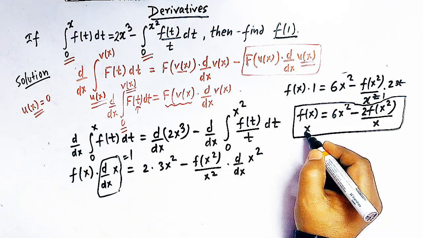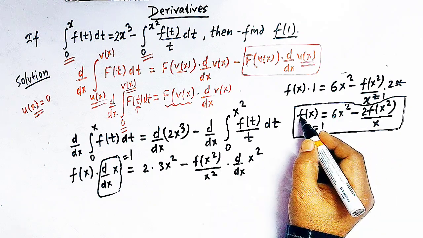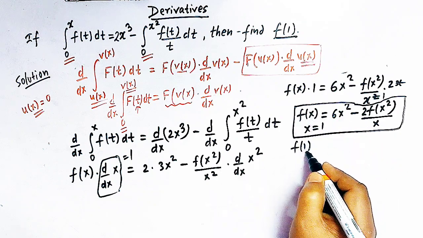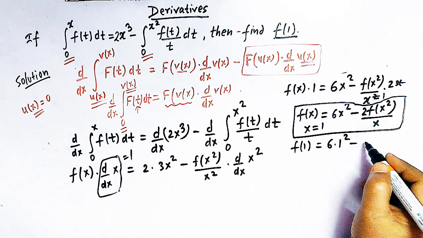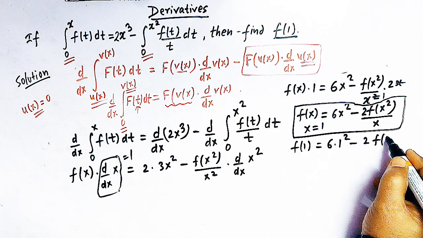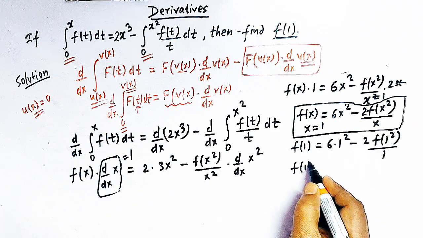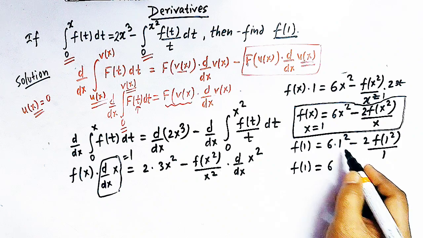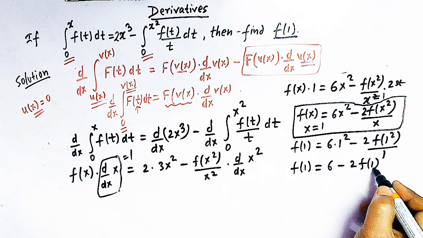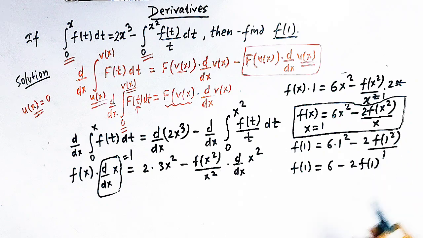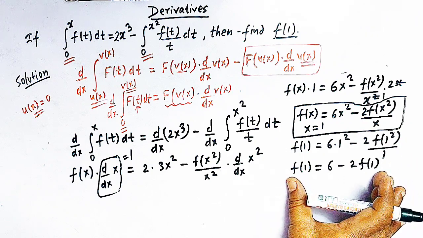So let us replace x by x equals 1. Here we have f(1), then 6 times 1², then 2 times f(1²)/1. So we have f(1), 6, and 2 times f(1), since 1² is 1. Now we have a linear equation in f(1).